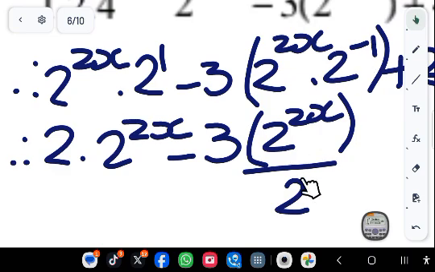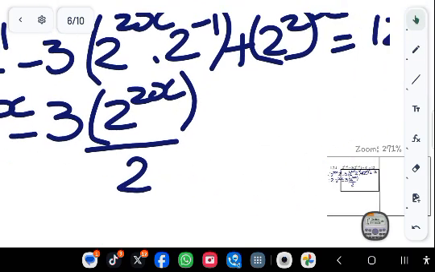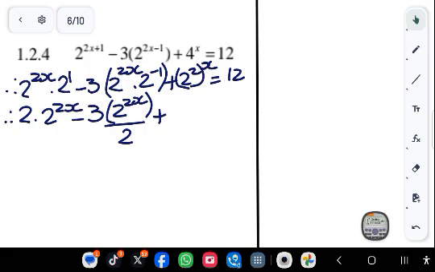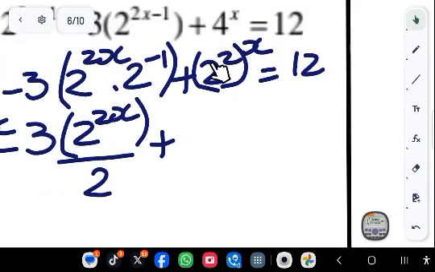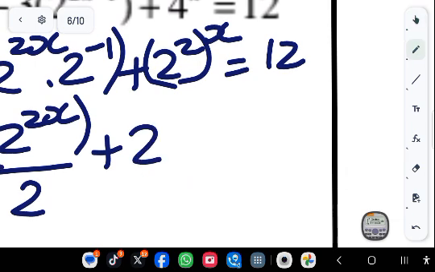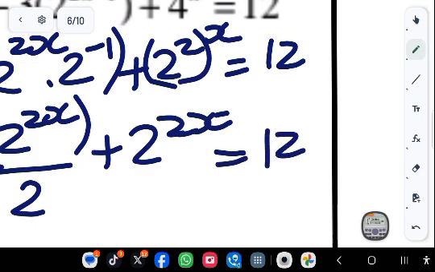That's taking this to the bottom so that we can have a positive exponent. So that is 2 to the power of 2x. So when you raise the power to another power, we multiply the exponents, and that gives us 2 to the power of 2x equals to 12.